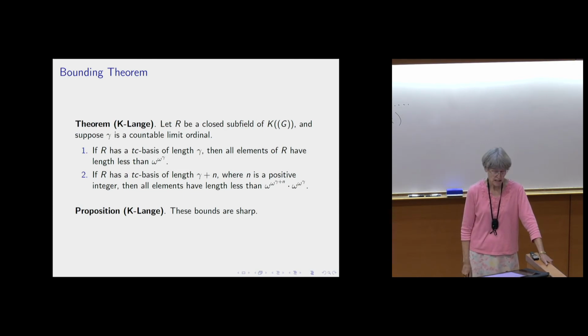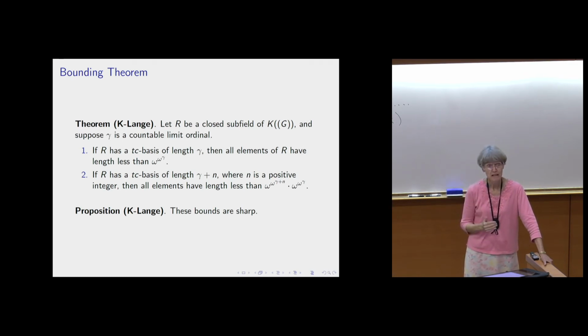Okay, so then there's a bounding theorem. Let R be a closed subfield of K((G)), and suppose gamma is a countable limit ordinal. If R has a TC basis of length gamma, then all elements of R have length less than omega to the gamma.